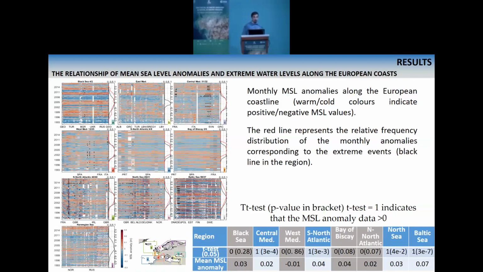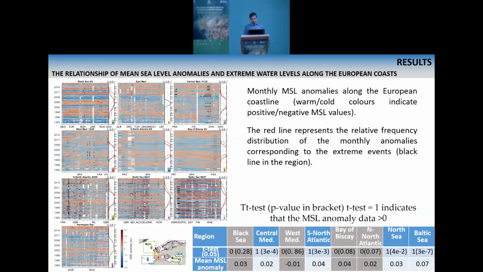Going still deeper, if we look into the anomaly, the difference between the current monthly mean sea level and the average monthly mean sea level, we see that there is a positive correlation. The anomalies of the extreme events that have caused impact along Europe are more positive than negative.